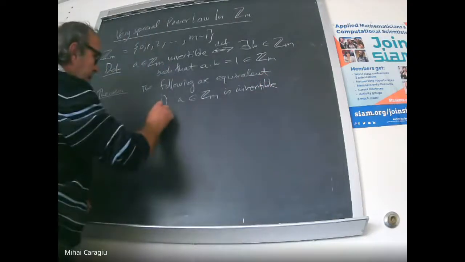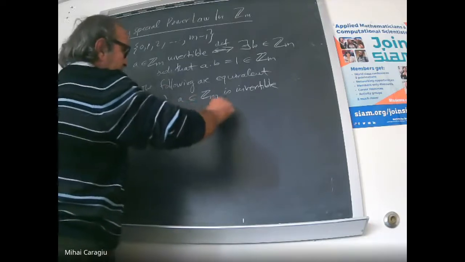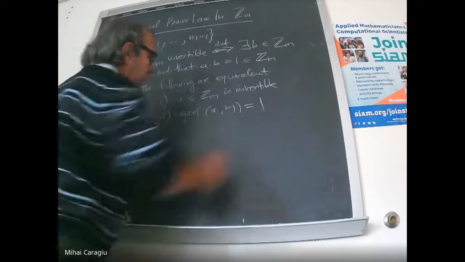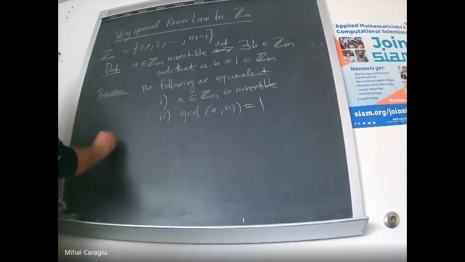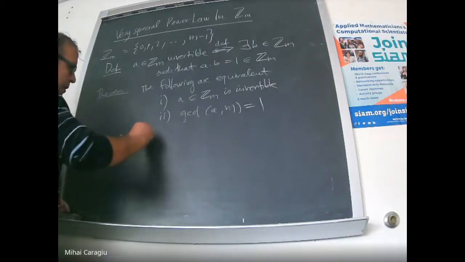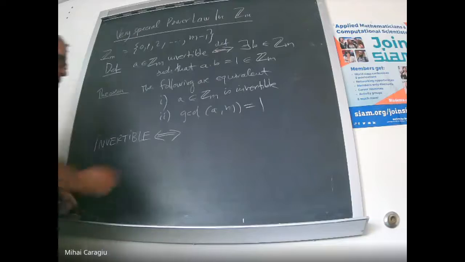And second, the greatest common divisor of A and m equals 1. So to be invertible means to have no common factors with m. So invertible is equivalent to no common factors with the modulus.